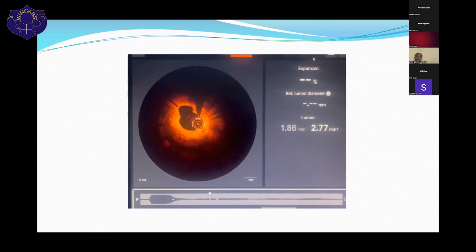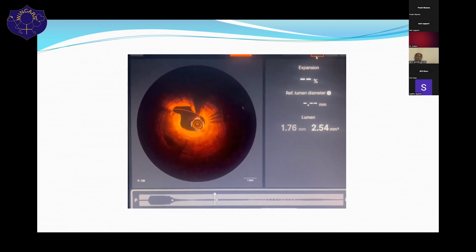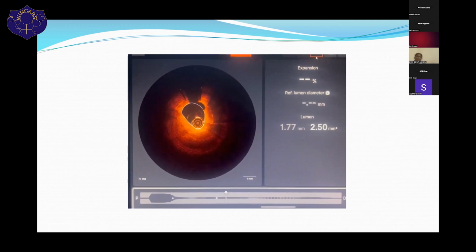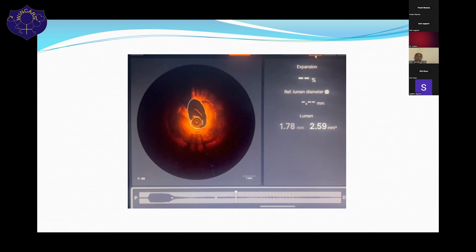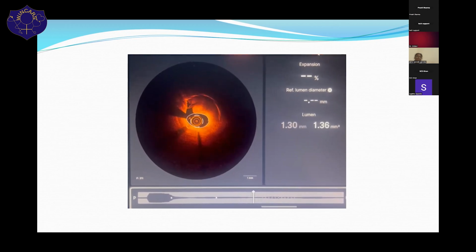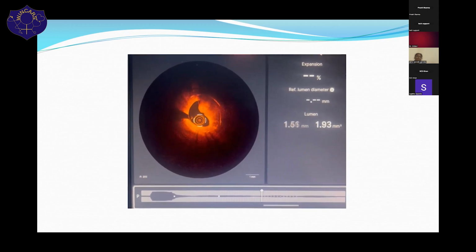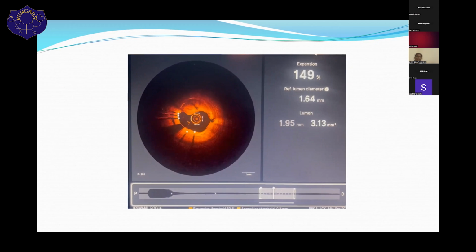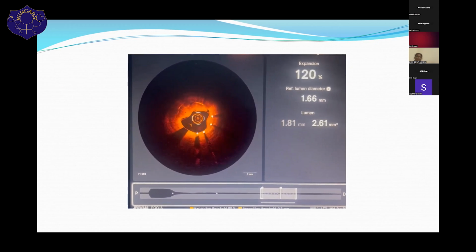But stent expansion was good. There were no mechanical factors responsible for the restenosis. And this restenosis is extending beyond the stent margin. There were no calcific nodules. And so mechanical factors were ruled out.